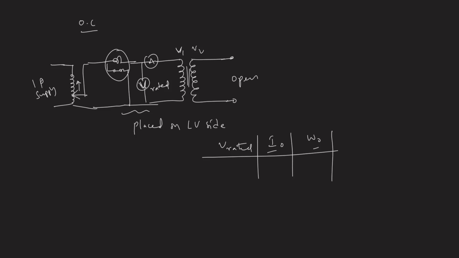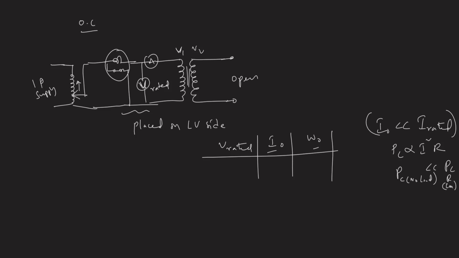And we know that under open circuit condition, because this no load current is very small compared to the rated current of the transformer, the copper losses, which are proportional to I square R, at no load are very small compared to the copper losses at rated load.